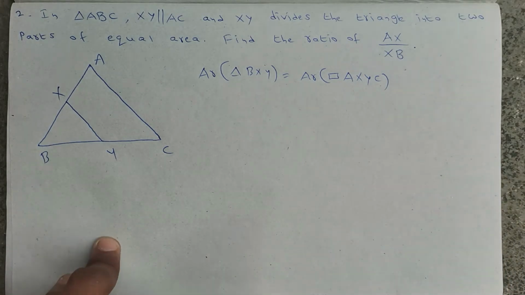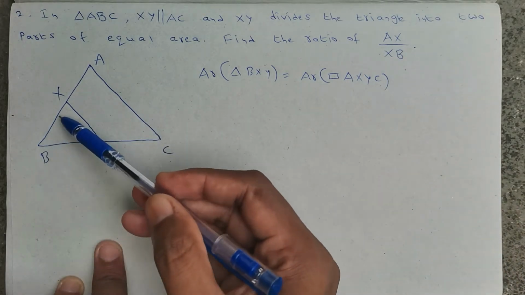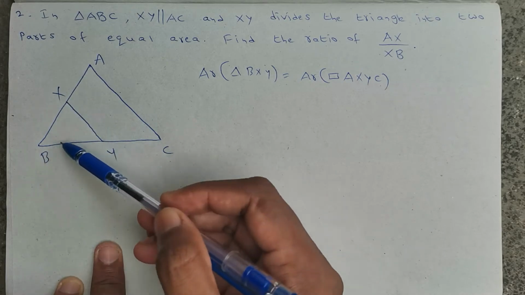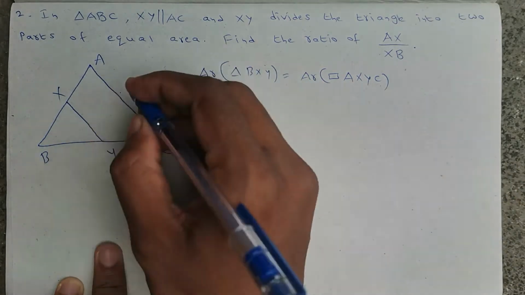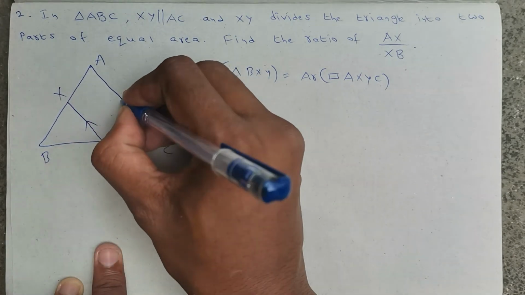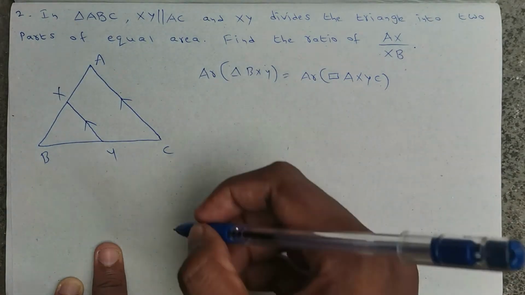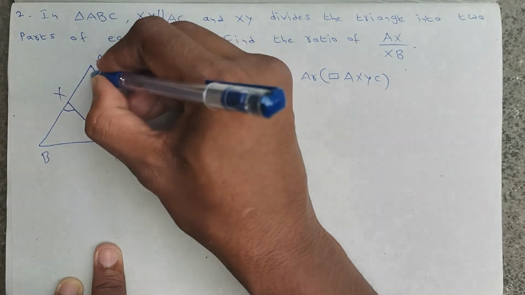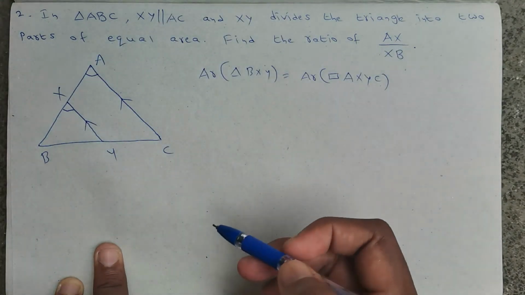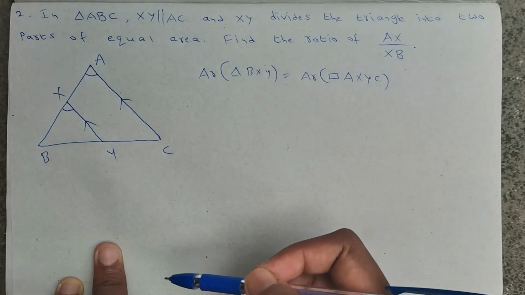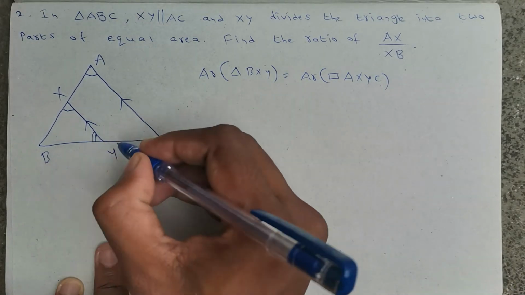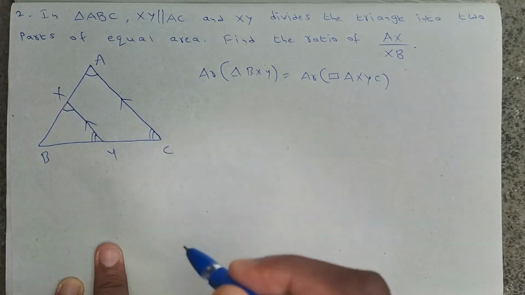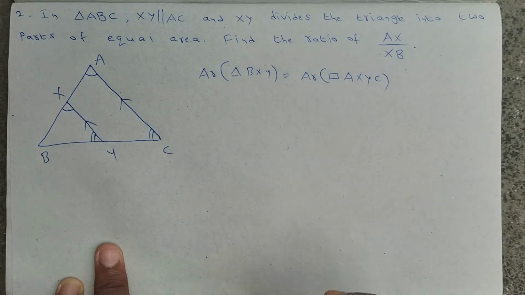Now, first we need to show that this smaller triangle BXY is similar to the whole triangle ABC. For that, it is clearly mentioned in the question that XY is parallel to AC. So angle X is equal to angle A because they are corresponding angles. In the same way, angle Y is equal to angle C, corresponding angles.